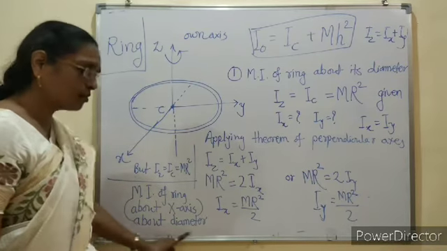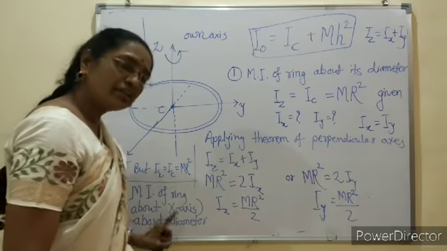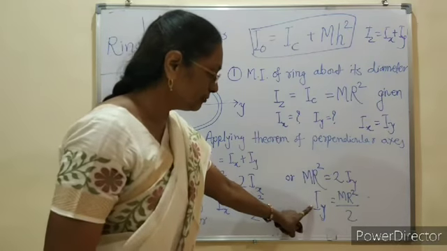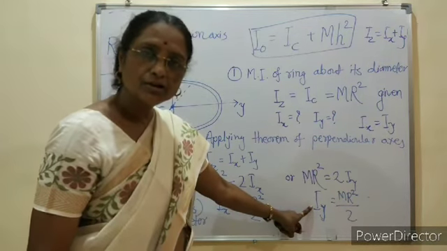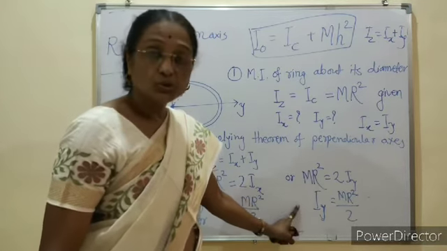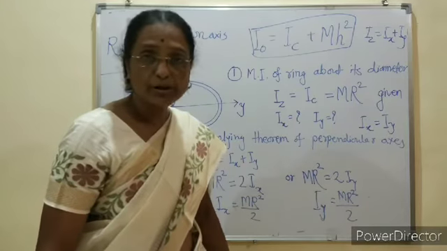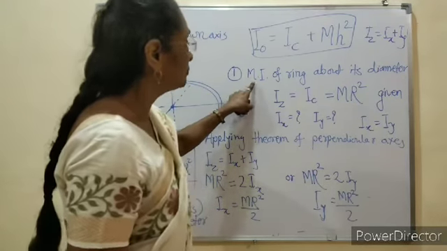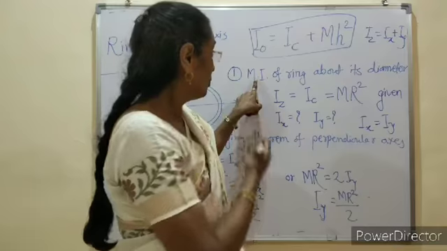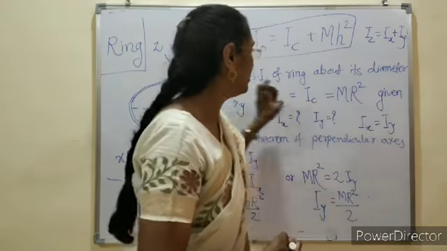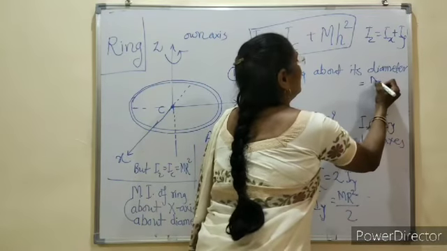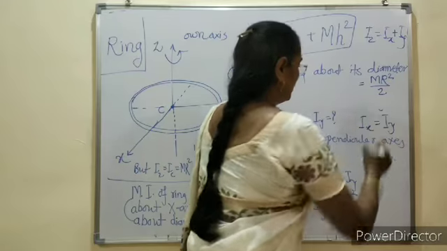Moment of inertia about the diameter, which is coinciding with the x-axis, is mr square by 2. Similarly, moment of inertia about the y-axis also represents moment of inertia about a diameter, which is coinciding with the y-axis. It is also mr square by 2. So we write the answer: moment of inertia of the ring about the diameter is equal to mr square upon 2.